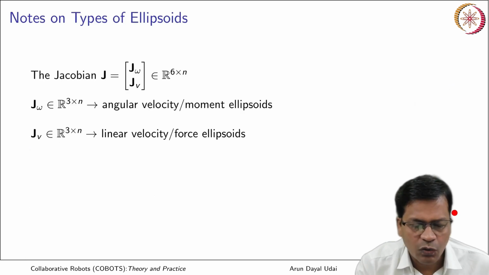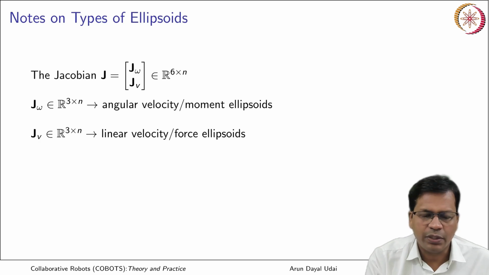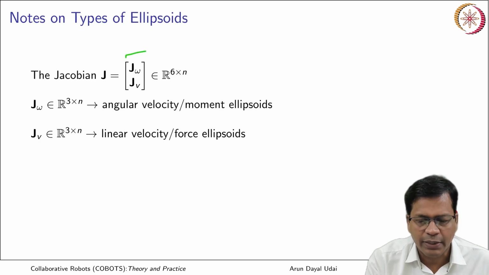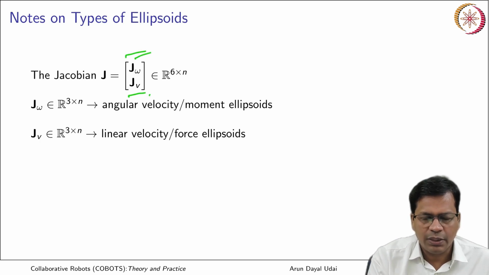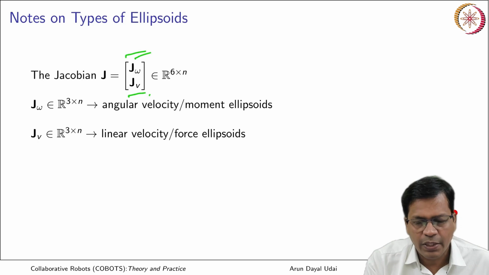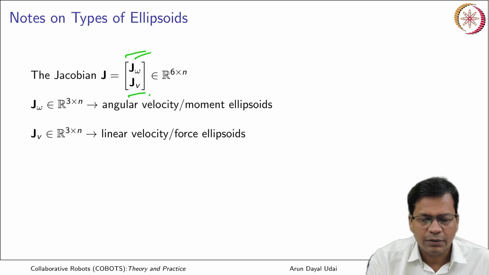Okay, so the Jacobian normally has two components, j omega and jv. In case of a 6-DOF robot, each of them is 3 cross n.